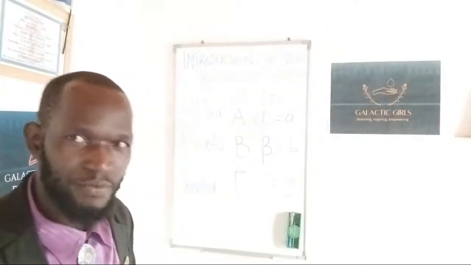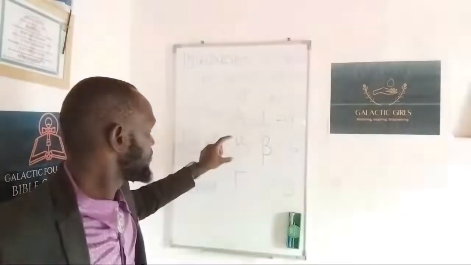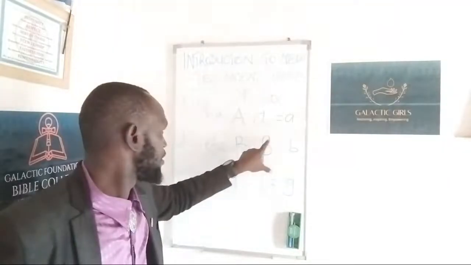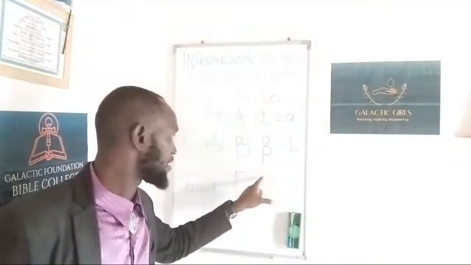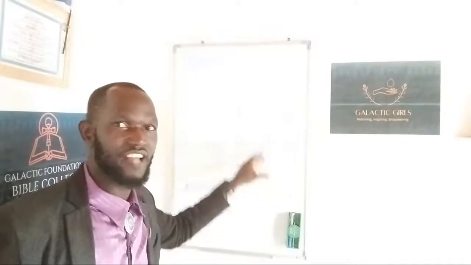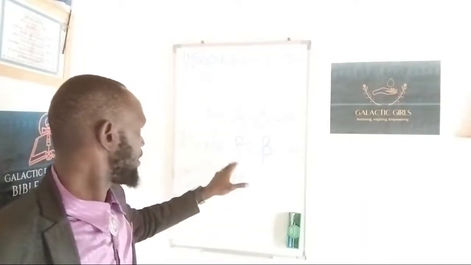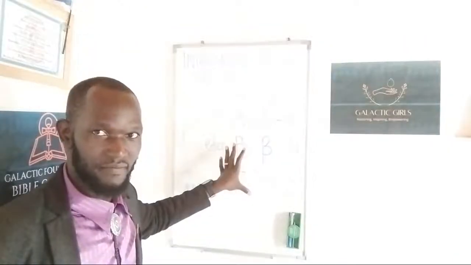The only difference between the lowercase and the uppercase for beta is that for the lowercase, the edge is smooth and it has a tail. But for the uppercase, it's just like the English letter, right?